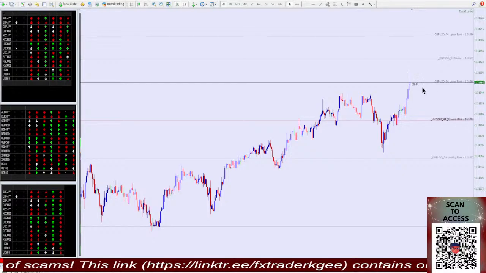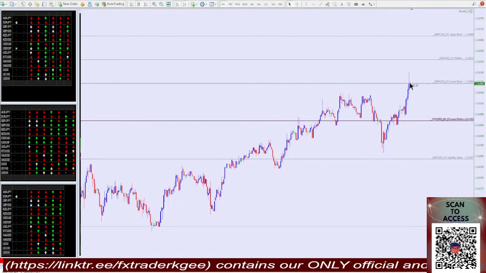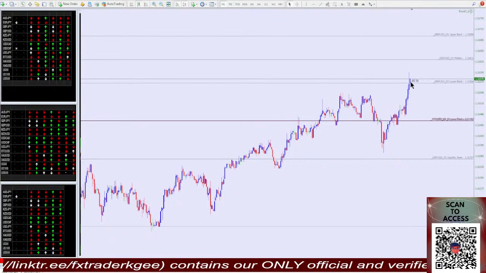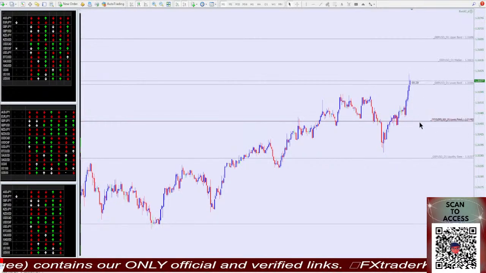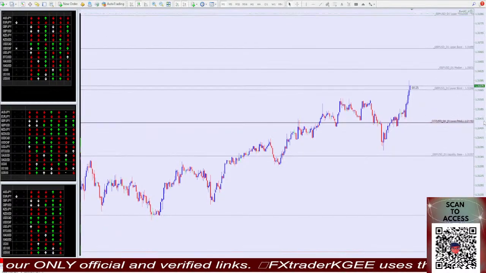Oh, it has actually touched another key level here, which is the lower band. Then I would expect maybe a possible pullback here, and then it continues. But so long as it has crossed this twin key level here.